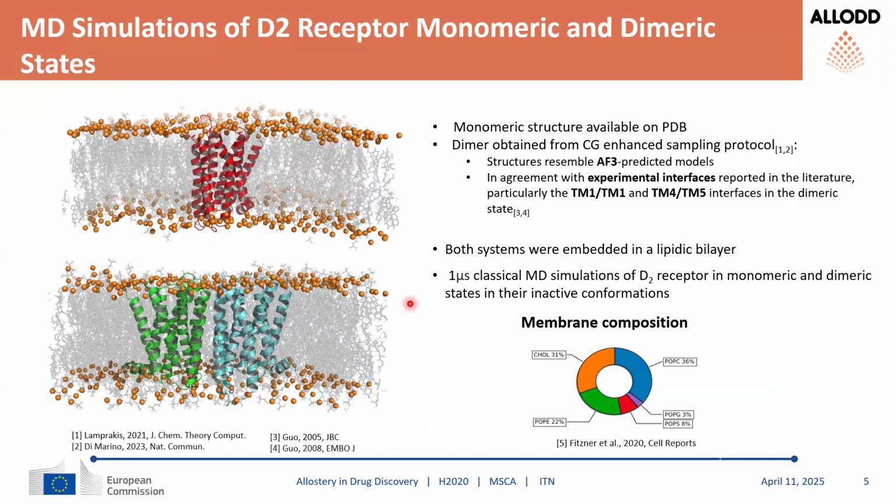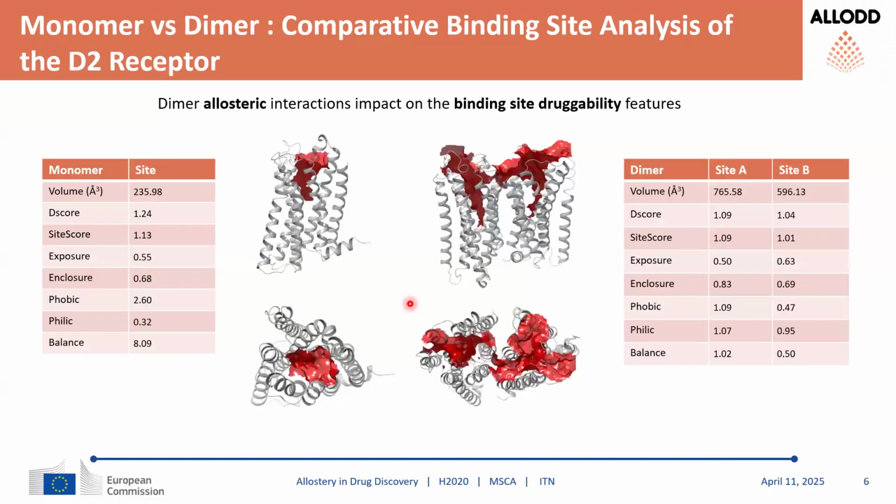As a next step, we wanted to get a more accurate description of the system, so we decided to switch to atomistic simulations. We embedded both the monomer and the dimer into a membrane, and we performed MD simulations. The aim of this analysis initially was to characterize the binding sites and how the binding site changes when you transition from monomer to dimer.